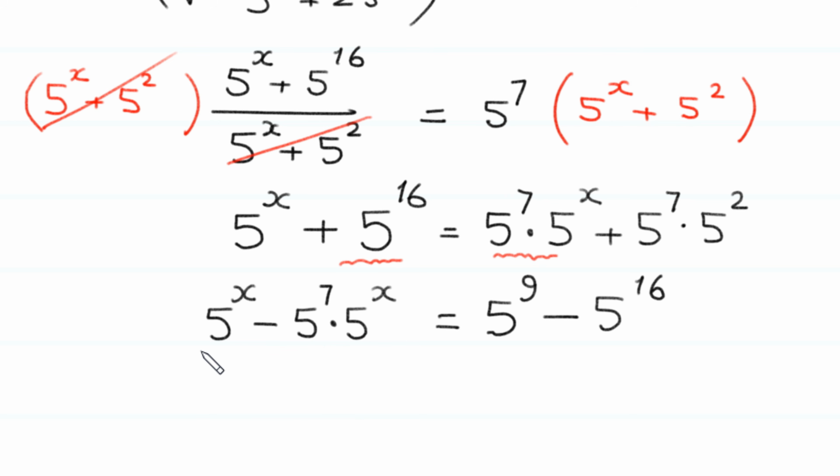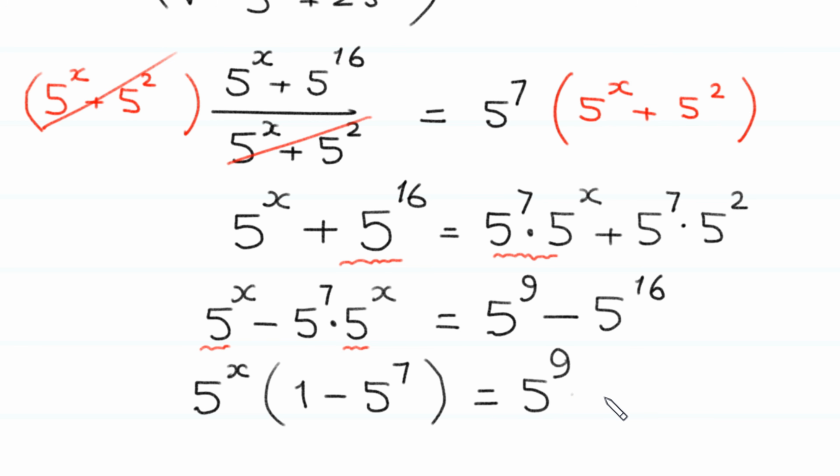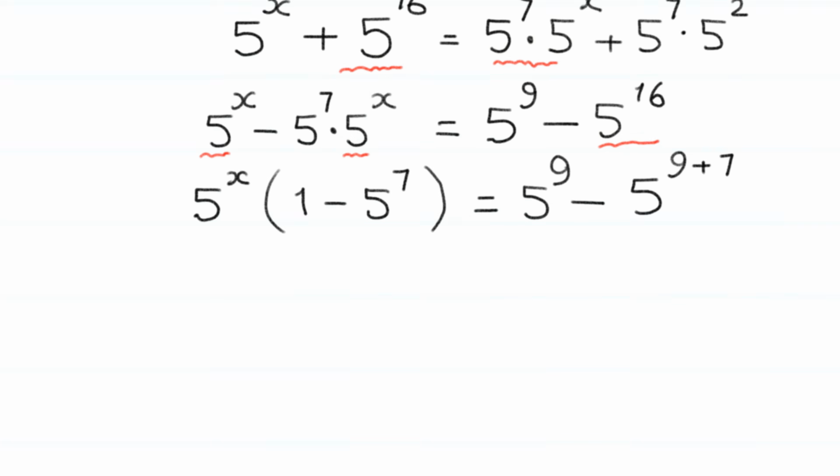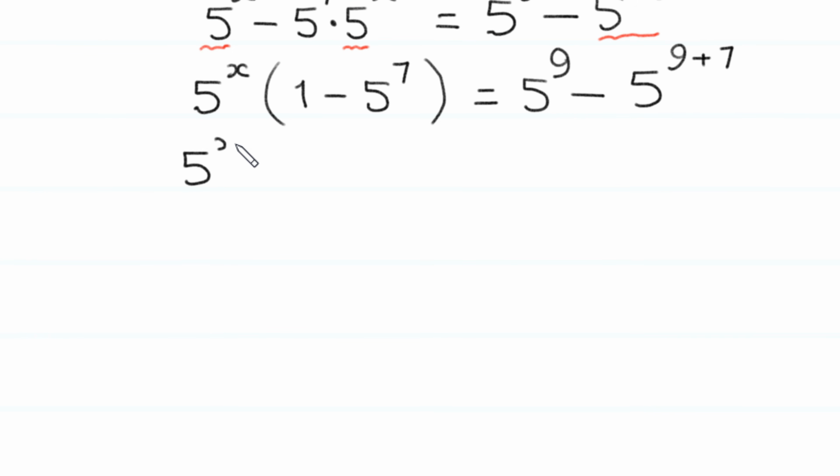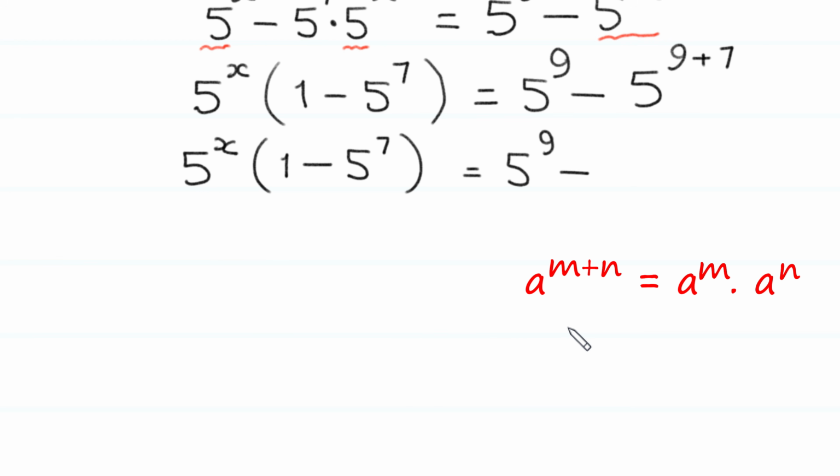Now from these two terms we can factor out 5^x. 5^x times, in brackets, 1 minus 5^7 is equal to 5^9 minus, and we can write this 5^16 as 5^(9+7). Next, 5^x times (1 minus 5^7) is equal to 5^9 minus, according to the property of exponents, a^(m+n) is equal to a^m times a^n.